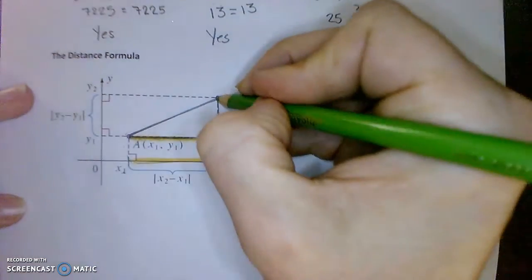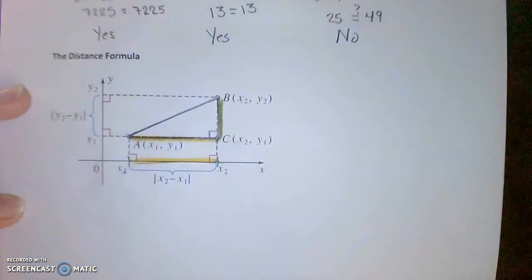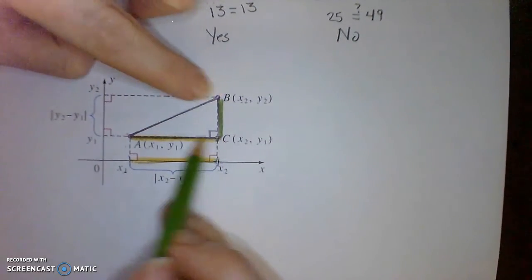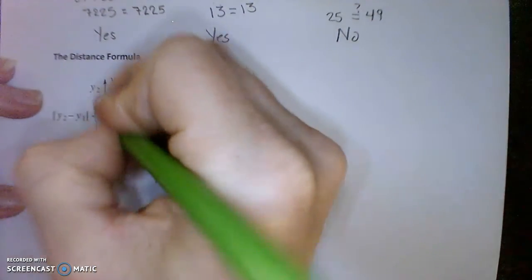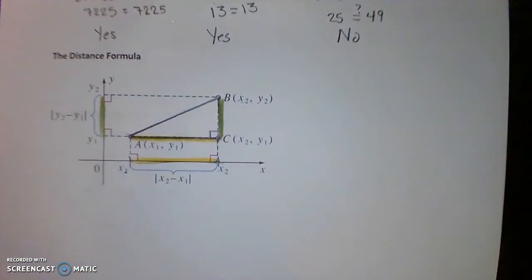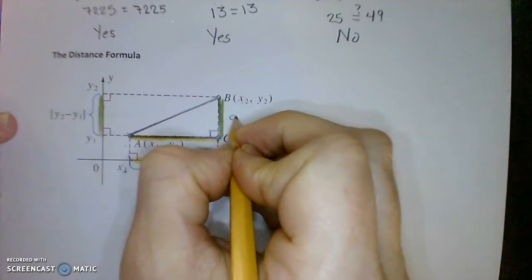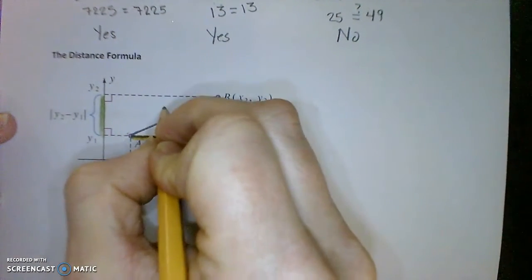And then this length, the other side of the triangle, the other leg, is the distance between the two y coordinates, y2 minus y1 in absolute value. So now let's go ahead and just label these things. Let me call this side a and this side b and this side c.